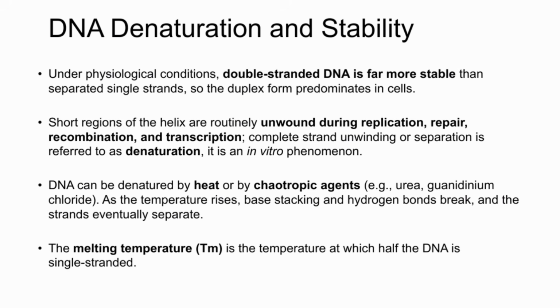So DNA can be denatured, and this usually occurs in vitro. DNA can be denatured by heat or by chaotropic agents such as urea. As the temperature rises, the base stacking and the hydrogen bonds become weak and eventually break, and the strands separate. The melting temperature is the temperature at which half of the DNA is single-stranded, so it loses its double-stranded nature.